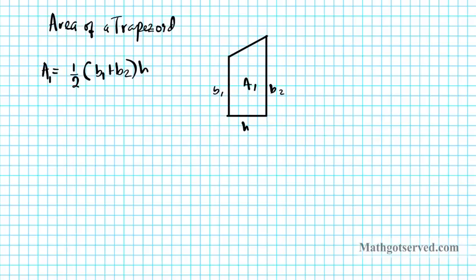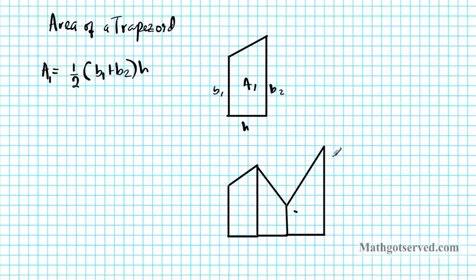Let's see, so this is the first one. Let's say the first one looks something like this. I'm going to make them all have equal height, okay? We have the first one like this, and then the next one is like that. And then the next trapezoid goes like that. And then the last trapezoid, oh, I just messed up.